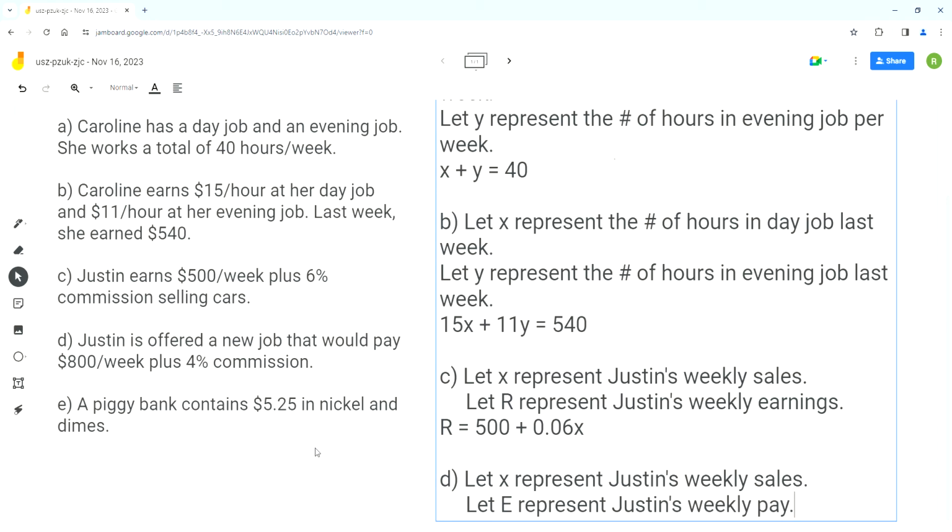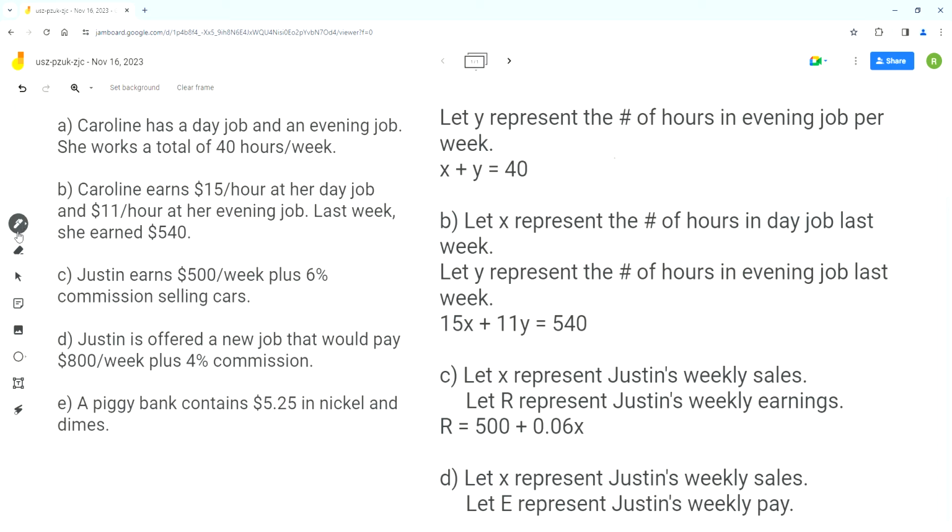So now we can write the equation using these variables. I'll write it here on the side. Since E represents his weekly pay, it will be E equals, he will get $800 per week, and that's his fixed amount, plus he will also earn 4% on his weekly sales, and we'll have to convert the percentage to decimal, so that will be 0.04x.